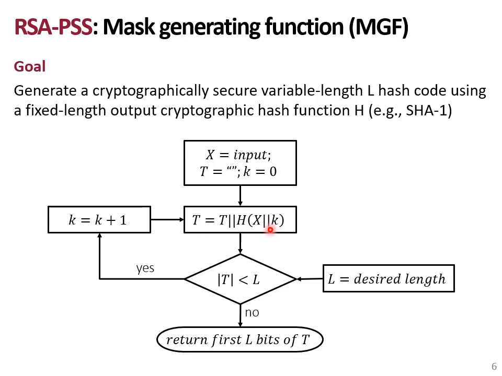So again we calculate the hash value of X concatenated with the new value of K and concatenate that output to T. This is repeated until T is at least as long as the desired output length. Then we take the first L bits of T and return those as output.